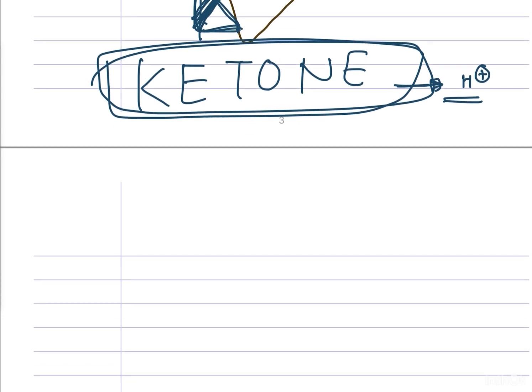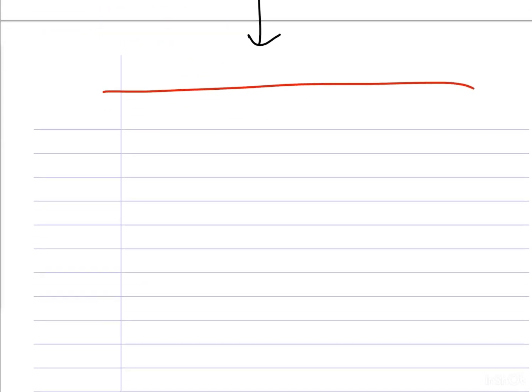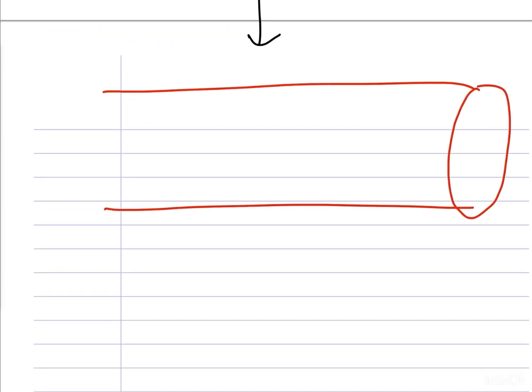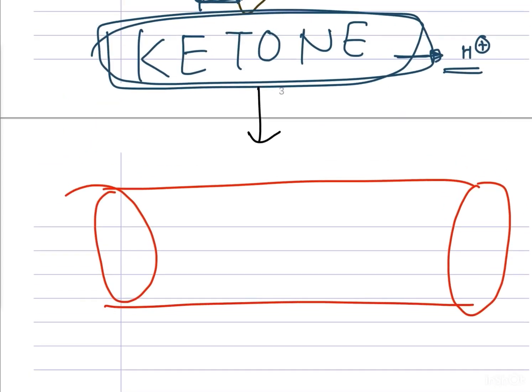Now what happens is that this ketone will enter into the blood vessel, and it will give H plus ion, we know that. So H plus ion in the blood will be more.